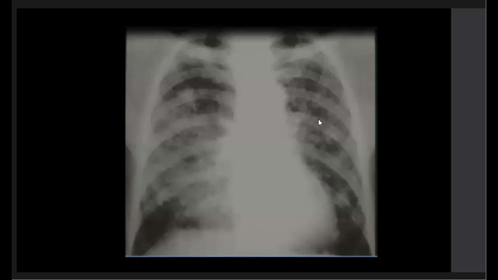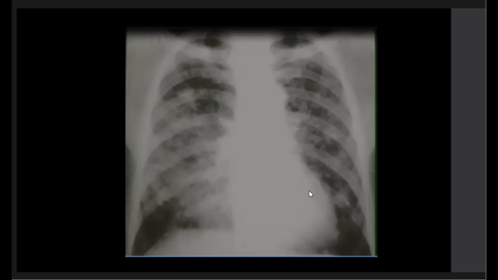Here, in this patient, we have small airway disease appearing as irregular patches, different in shape and densities, and it is different from interstitial lung disease.